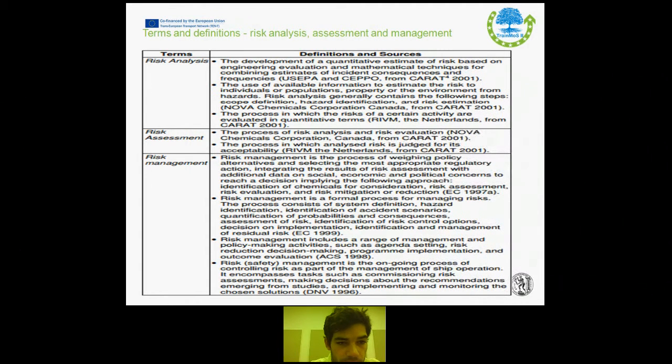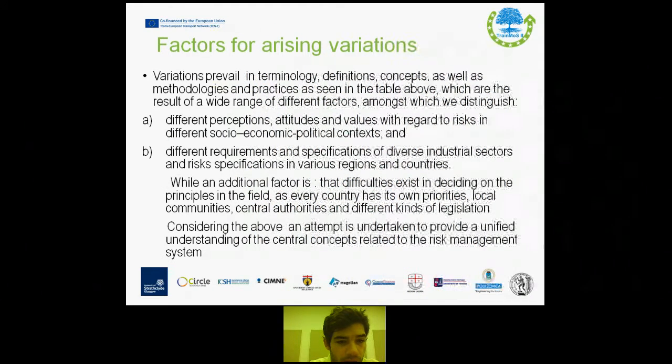Now, the reasons why these variations in terminology and definitions exist. Variations which prevail in terminology, definitions, concepts as well as methodologies and practices, as seen in the table above, exist due to a range of different factors, amongst which we can distinguish, firstly, the different perceptions, attitudes and values with regard to risk in different socioeconomic and political contexts, and secondly, the different requirements and specifications of diverse industrial sectors and risk specifications in various regions and countries.